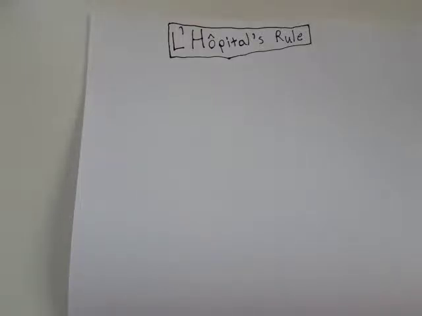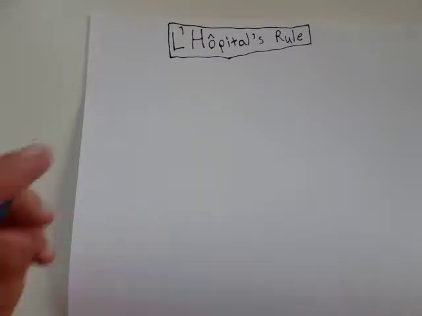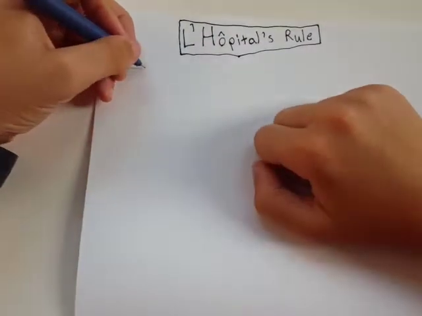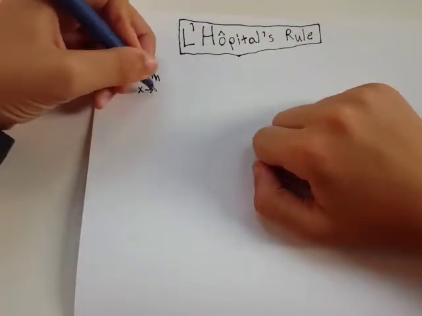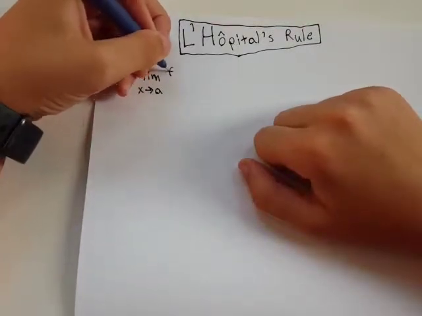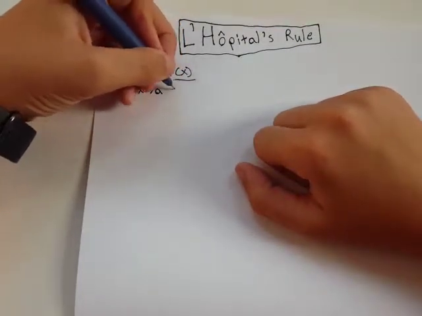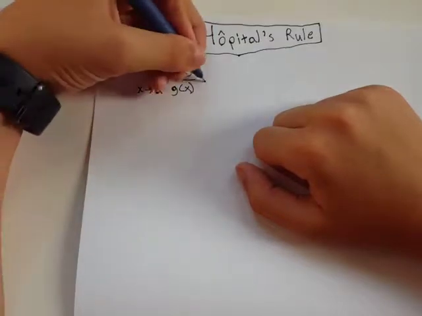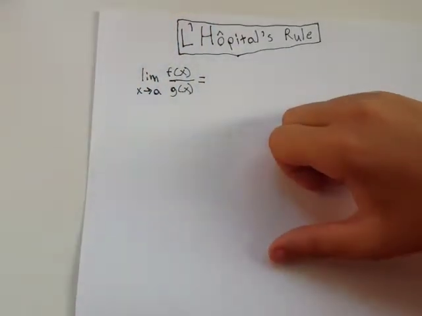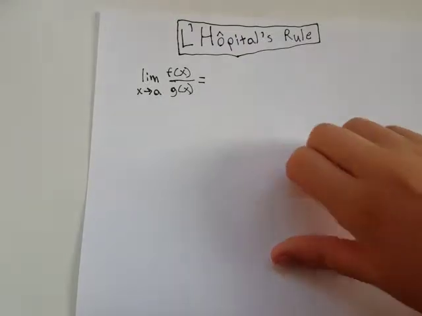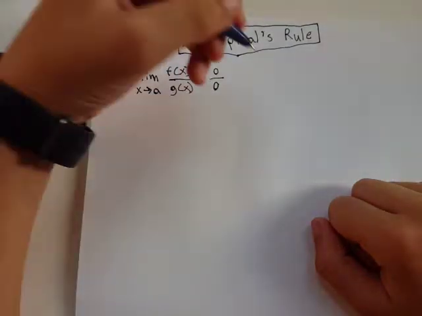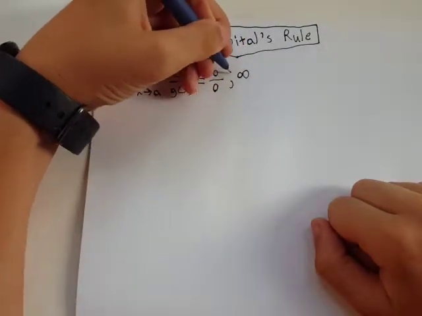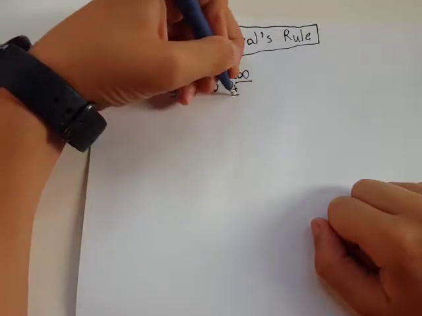What is L'Hopital's rule? Suppose we have the following case: the limit as x approaches a of f of x over g of x equals an indeterminate form, such as 0 over 0 or plus or minus infinity over plus or minus infinity.